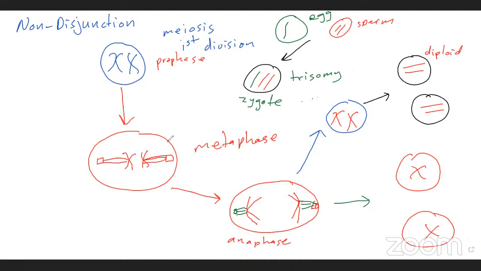Before we move, what is this disjunction? What is happening? So disjunction is when a cell can have less or more chromosomes when division occurs. That is partly correct. But what is the main feature of disjunction?